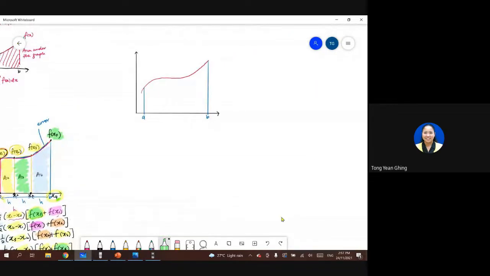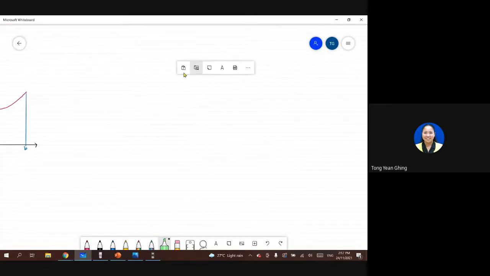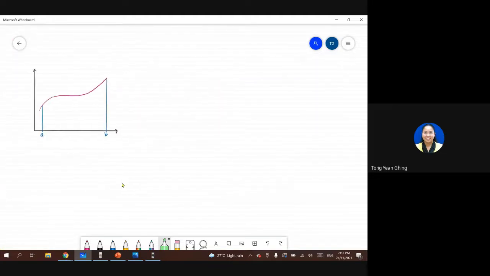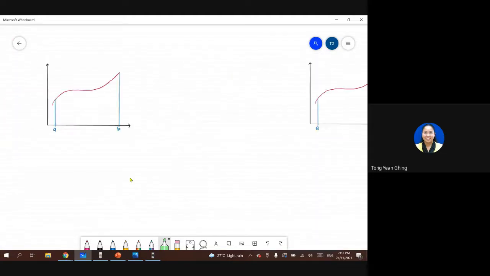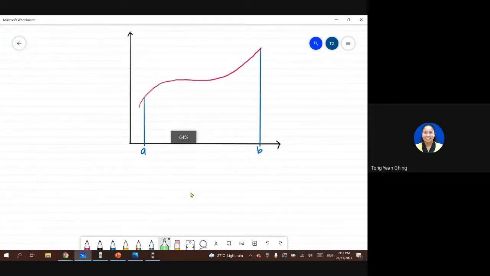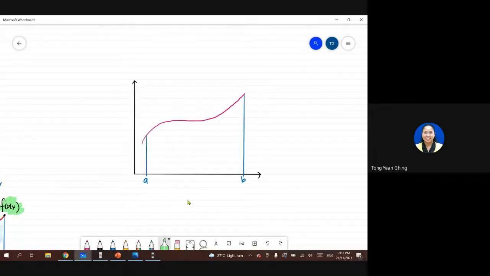Okay, we continue with Simpson. Saya copy satu lagi ke sini. Put here. Okay, now continue with Simpson's 1/3 rule.